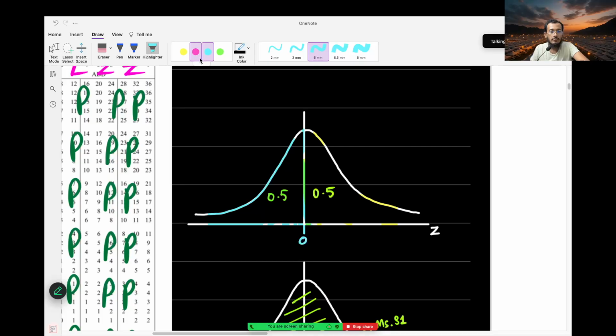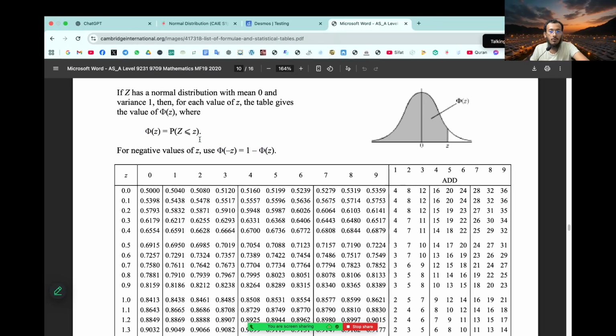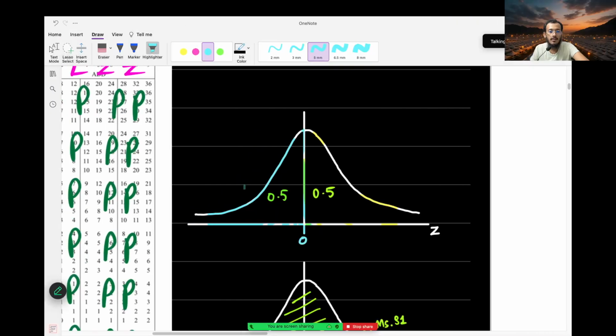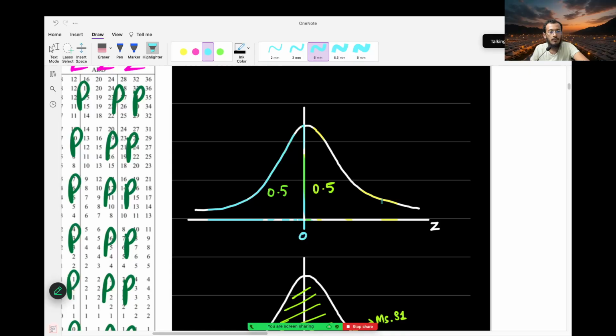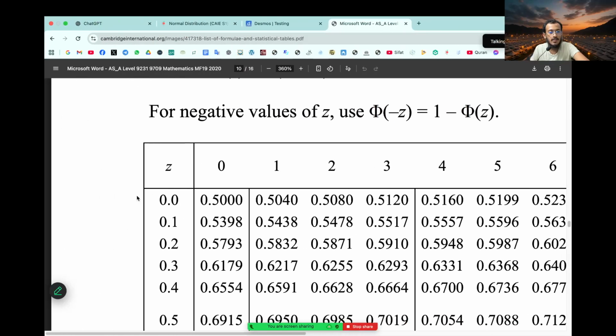So here Z is the values of the x-axis, right? Yes, Z is the values of the x-axis. Why doesn't it start from 0? It does start from 0, 0.0.